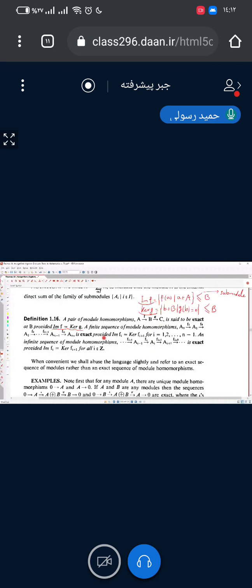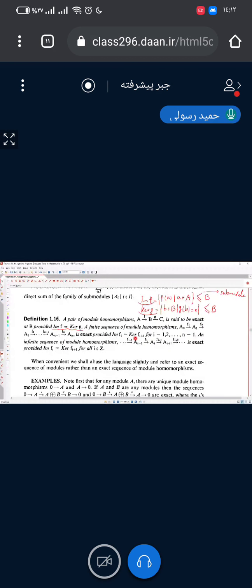A finite sequence of module homomorphisms A0 to A1 to A2 ... to A(n-1) to An is exact provided that image of Fi equals kernel of F(i+1).